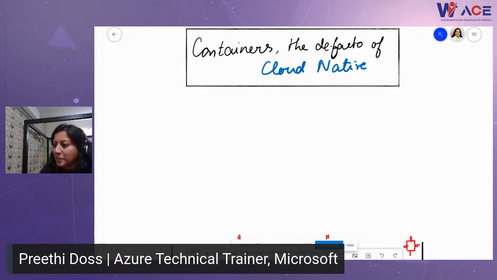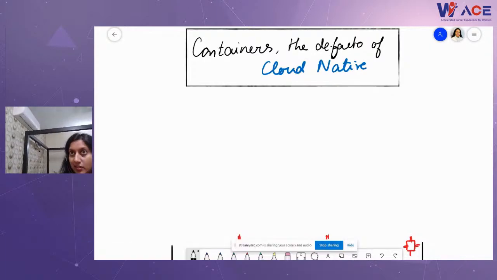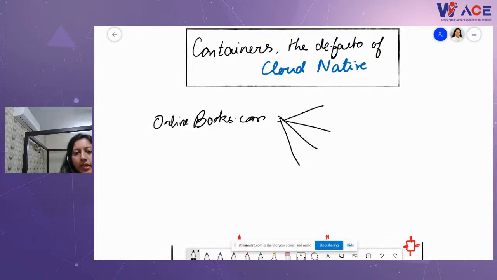Please bear with me. Okay, so what we have covered so far, Juliet has spoken about monolithic and microservices, breaking the monolithic application into microservices and how much of an advantage that brings. So we had a monolithic application, let's say a fictitious online booking.com application, and now we have broken it down into multiple microservices which can run by themselves.